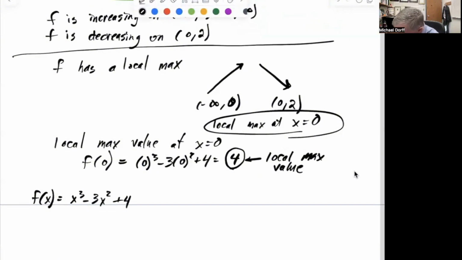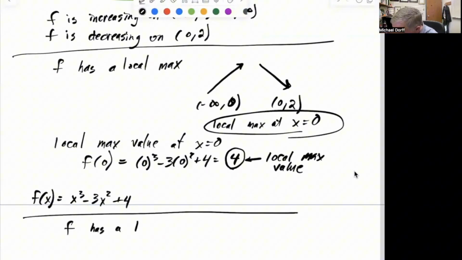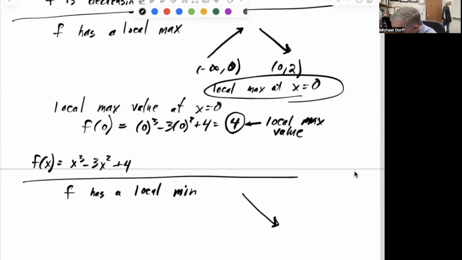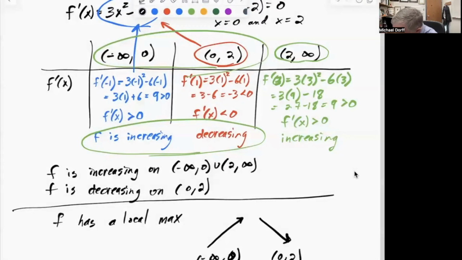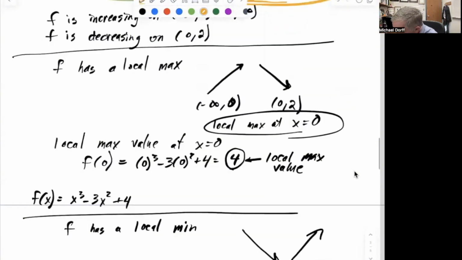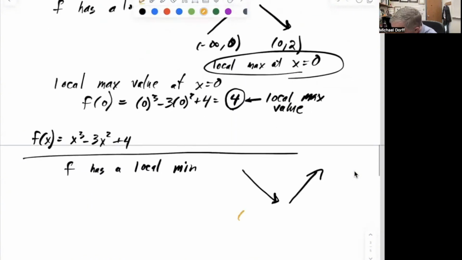Likewise, we can find a local min value when it's going from decreasing to increasing. If I go back to the previous chart here, it's decreasing from 0 to 2, and it's increasing from 2 to infinity.